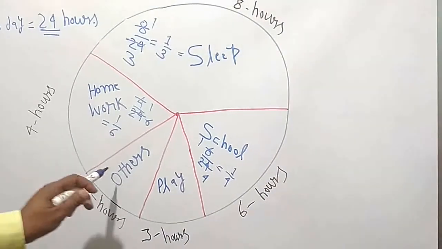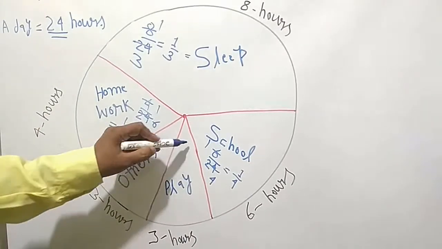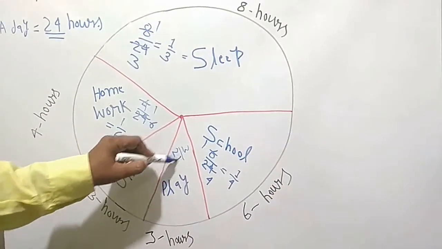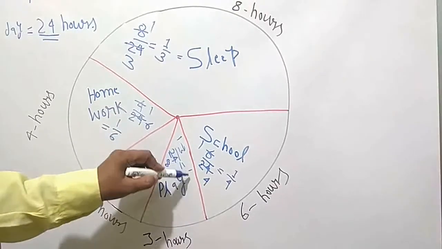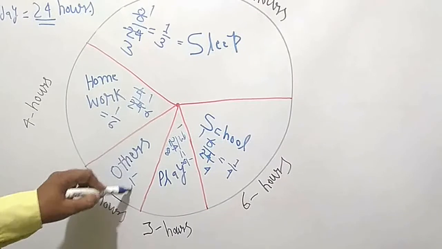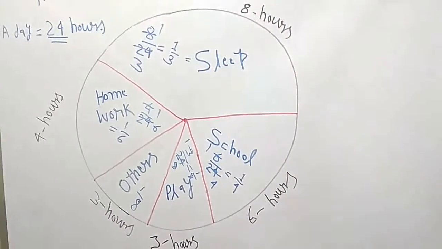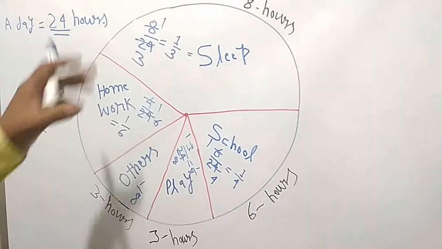And for playing, it is 3 upon 24. 3 1s are 3, 3 8s are 24. So it is 1 upon 8, and it is also 1 upon 8 for other activities. So a whole day is now converted into fraction form.